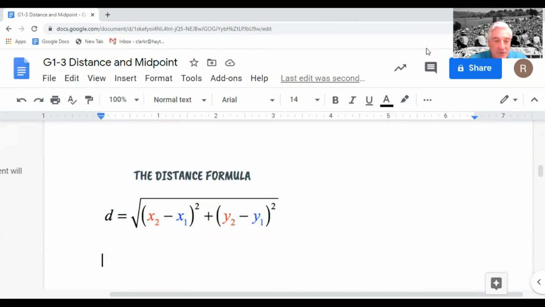Let me start with the easy one. Let's make one of the points 0, 0. And my second point will be 5, 7.